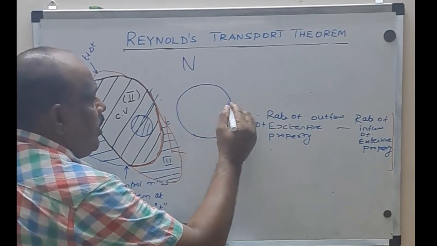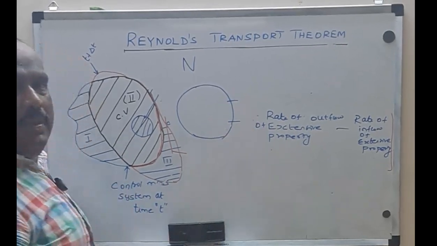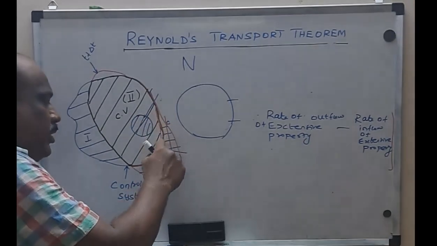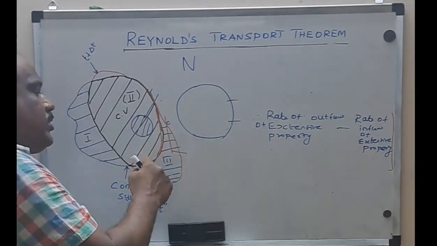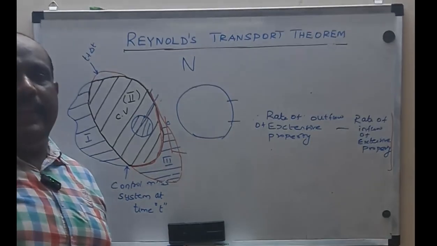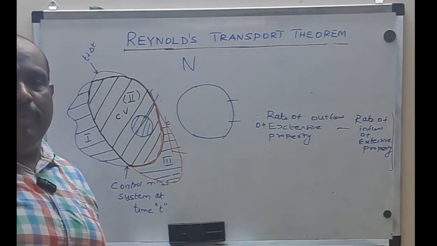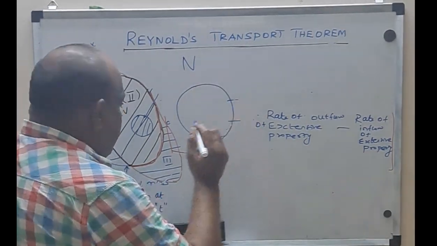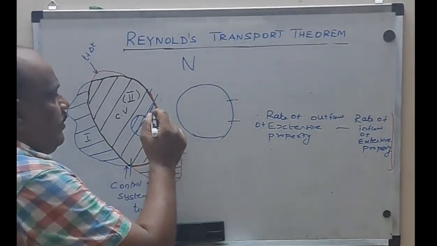So out of this entire control volume, there is a small control area or control surface through which the outflow of a property happens. Then this is the entire area, out of which I am going to take only this area from here to here.